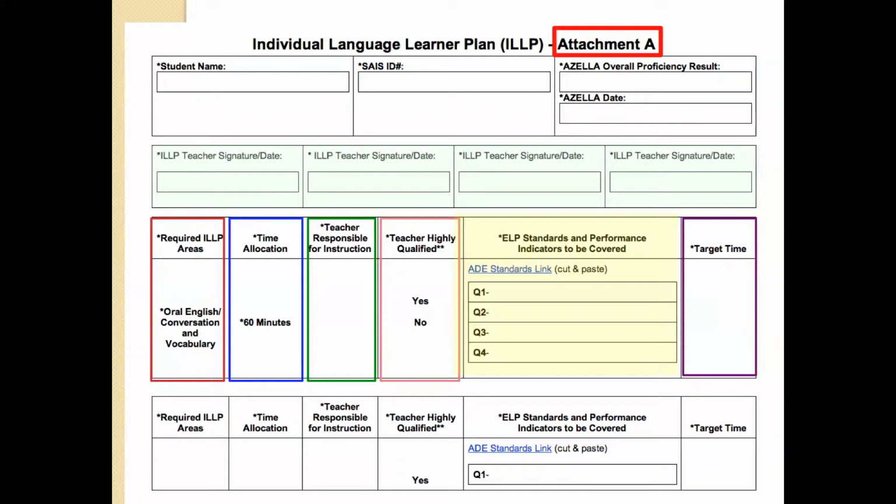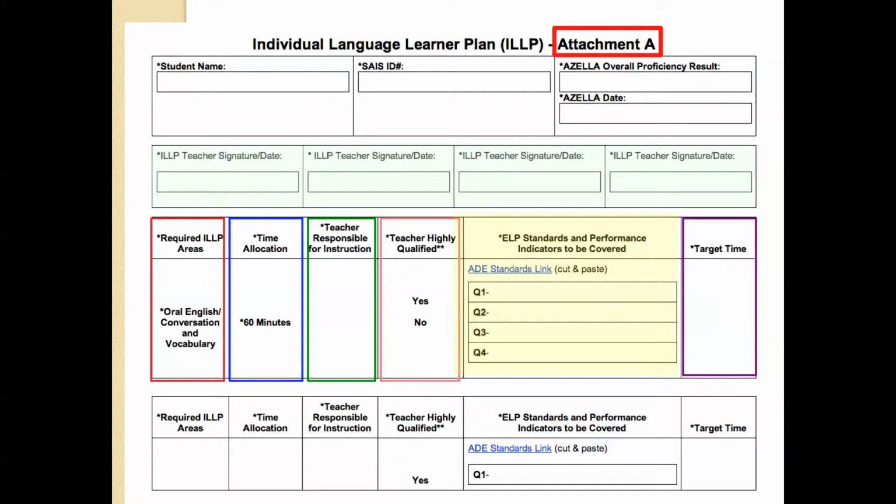Column 1, outlined in red, lists the required ILLP area, which in this example is oral English, conversation, and vocabulary. Column 2, outlined in blue, lists the required 60-minute time allocation. Column 3, outlined in green, lists the teacher's name responsible for the instruction during the 60 minutes. Column 4, outlined in orange, indicates whether the teacher is highly qualified or not.